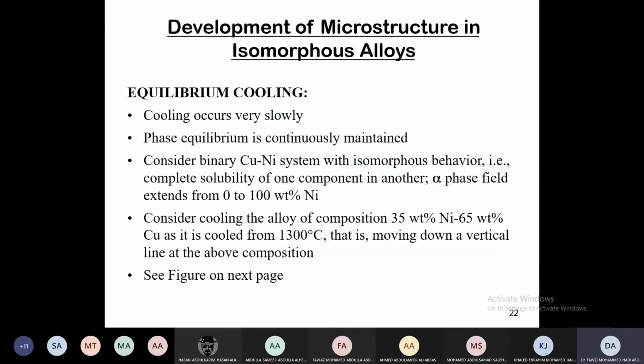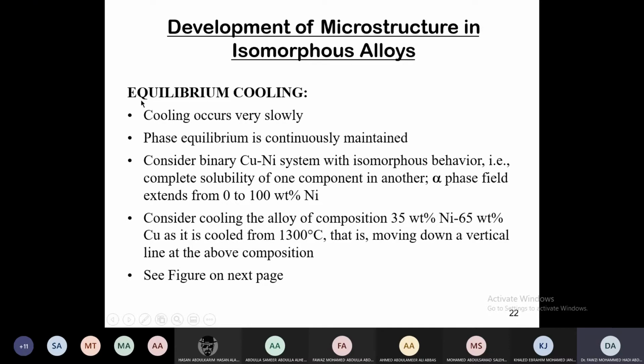Today we are going to look at C, the development of the microstructure in isomorphous alloys. We are going to look at how the microstructure of the material is going to develop if we cool down slowly using the phase diagram.